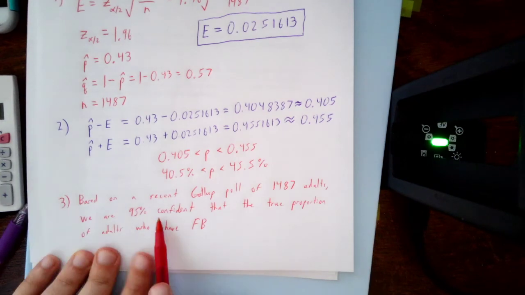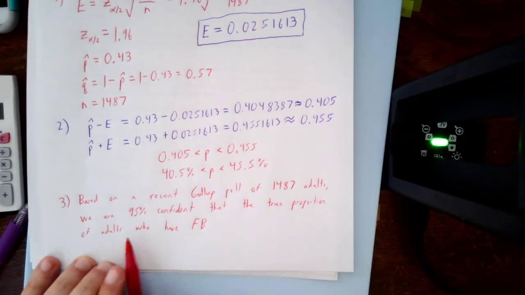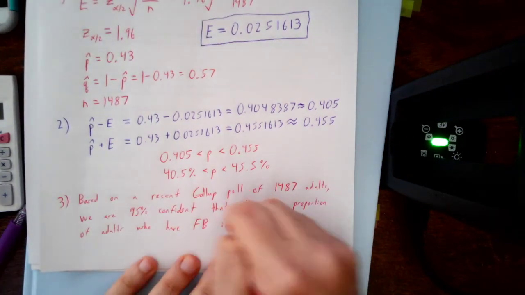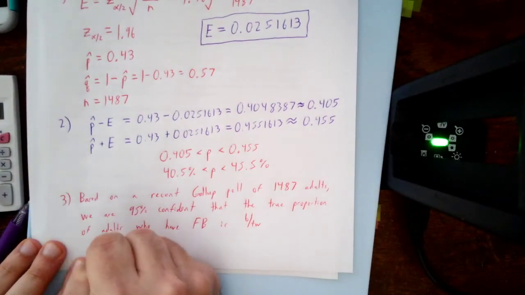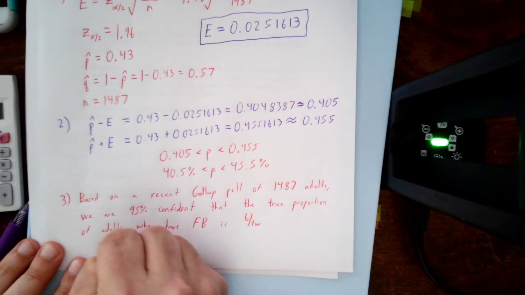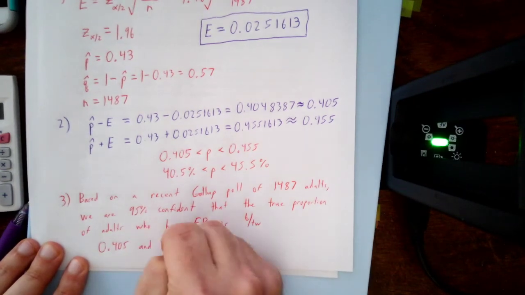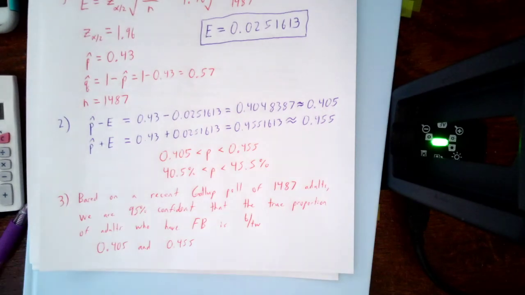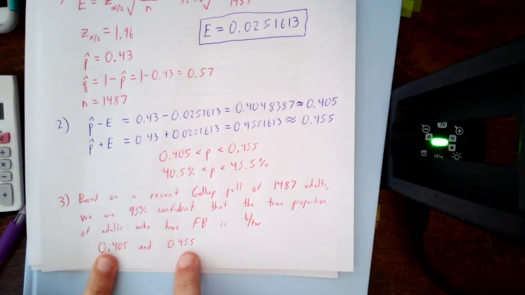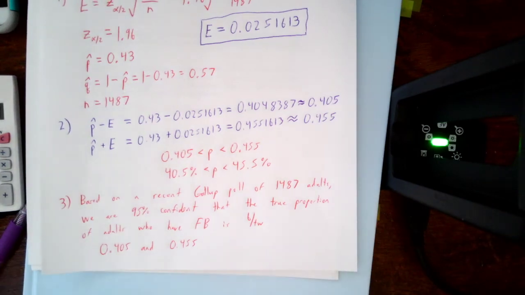We are 95% confident that the true proportion of adults who have Facebook is between 0.405 and 0.455. Or you could use the percentages if it was appropriate, right? I generally prefer decimals because you can use them in calculations, but percentages sometimes are easier to understand.